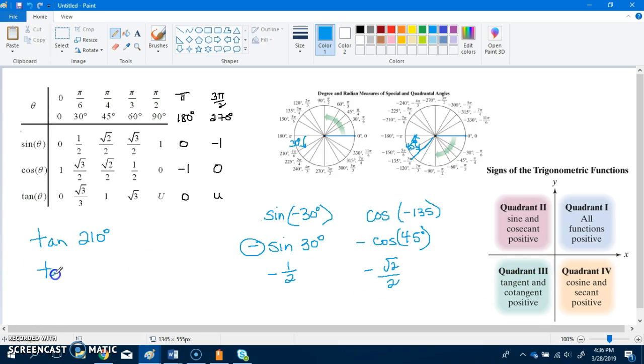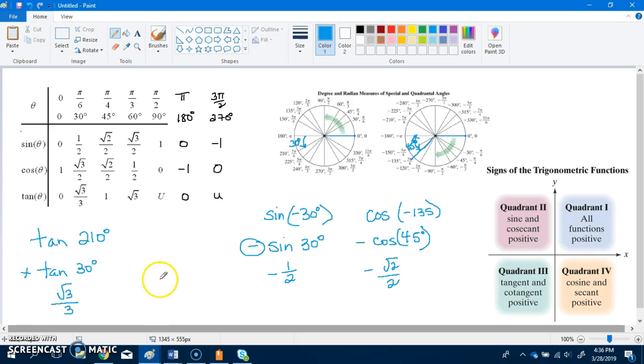So that's going to be the same as the tangent of 30 degrees. And in quadrant 3, tangent and cotangents are positive, so my value is going to stay positive. And then my tan of 30 is the square root of 3 over 3. So positive square root of 3 over 3.